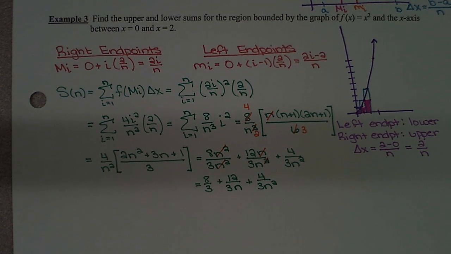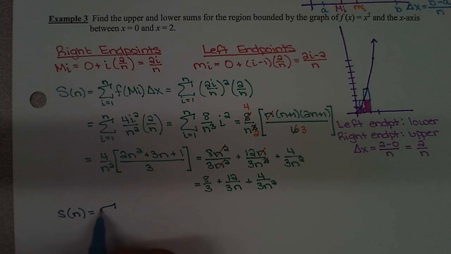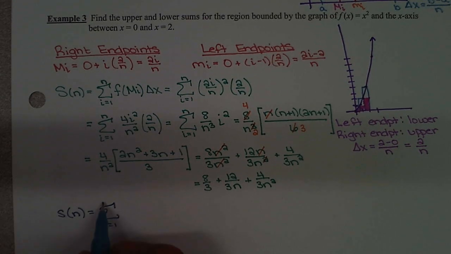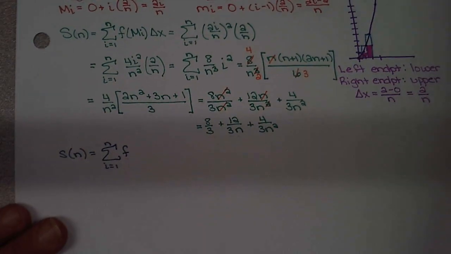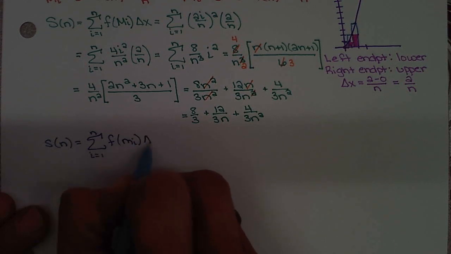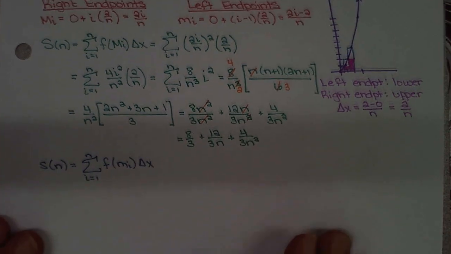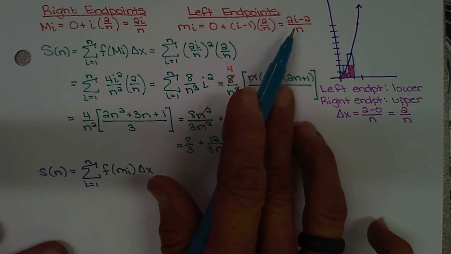All right, next we are going to do the lower sum. So if I come in here, my lower sum is my small s sub n. The formula for that was the summation from i equals 1 to n of f of a lowercase m sub i times delta x. We have right here that our lowercase m sub i is this 2i minus 2 over n.